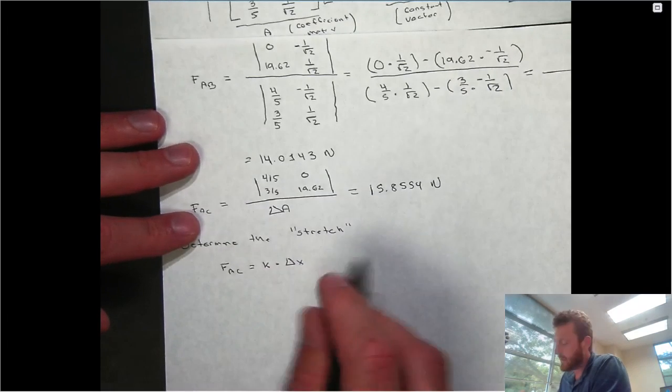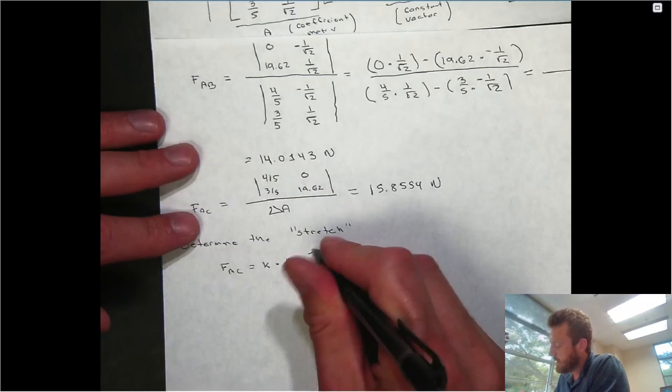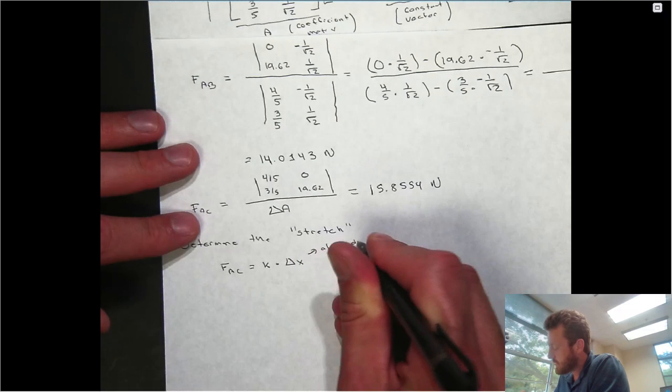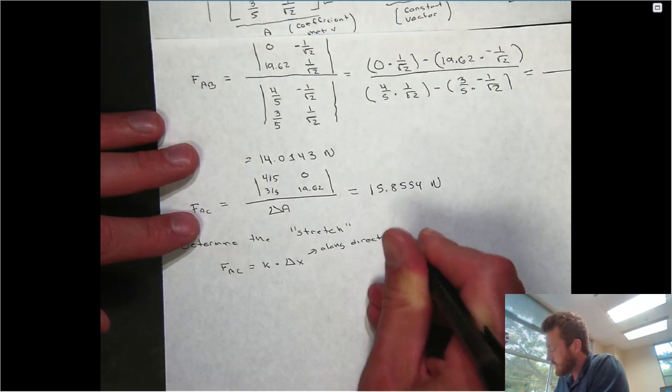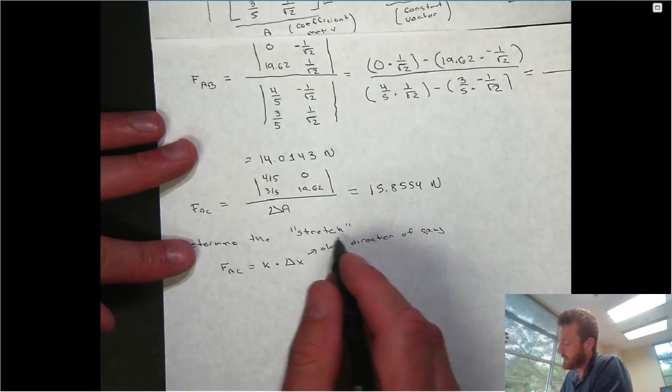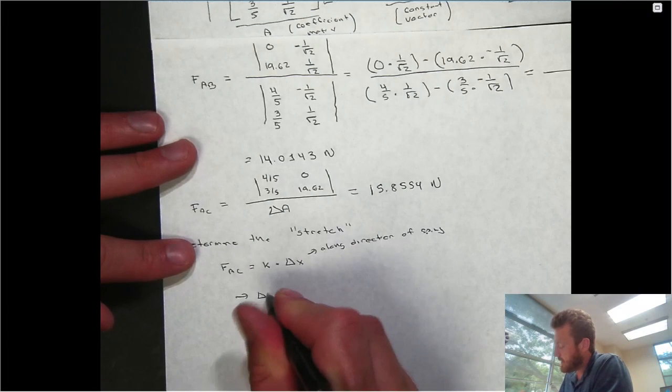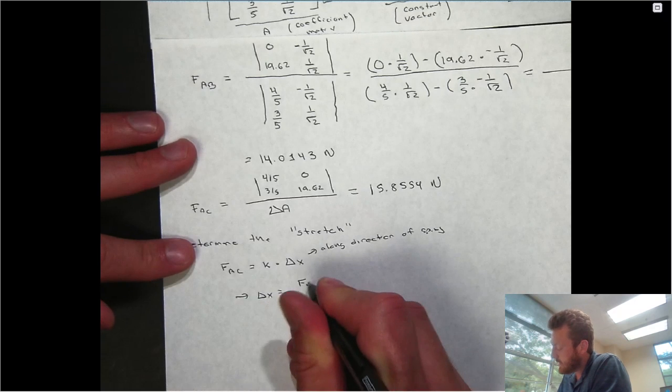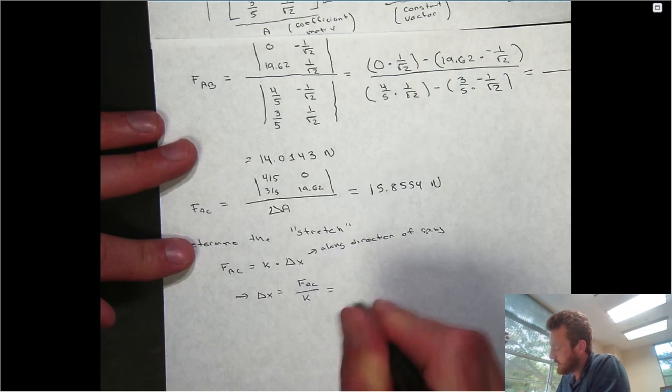So delta x here doesn't mean in the horizontal direction. This just means along the direction of the spring, as long as I know the spring constant. So we have an expression for FAC. So let's find the displacement by just taking FAC divided by K in this case.